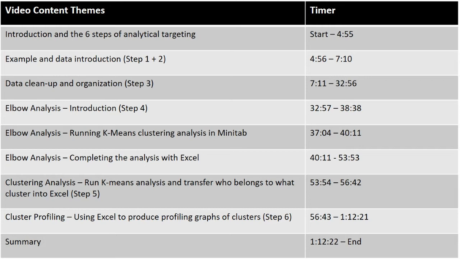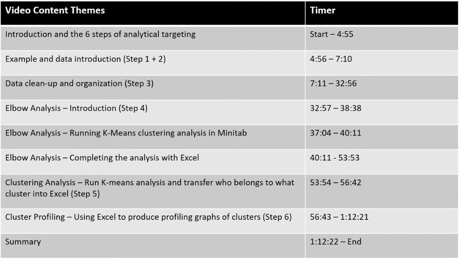Then I will show you how to run the k-means clustering analysis with the statistical software Minitab in order to get the numbers for the elbow analysis. We will then move on to taking the information from the Minitab results and completing the elbow analysis using Excel in order to determine the optimal number of clusters.